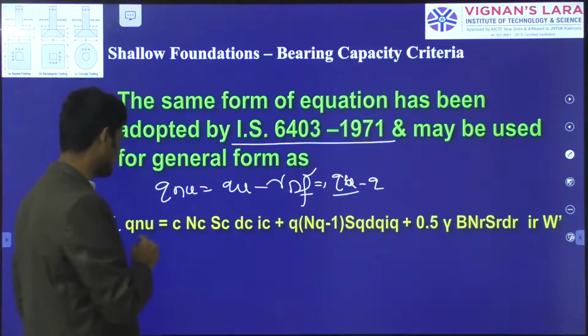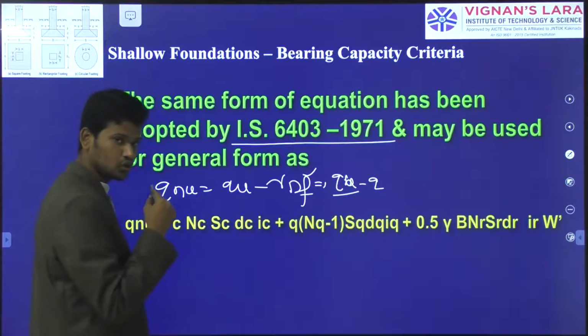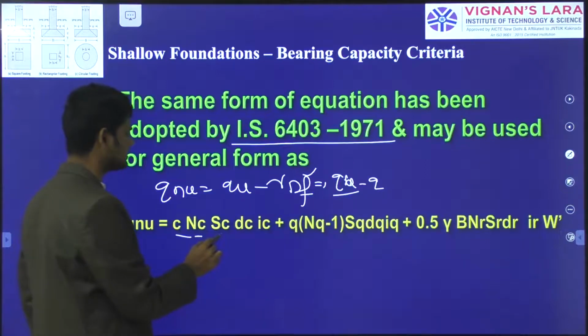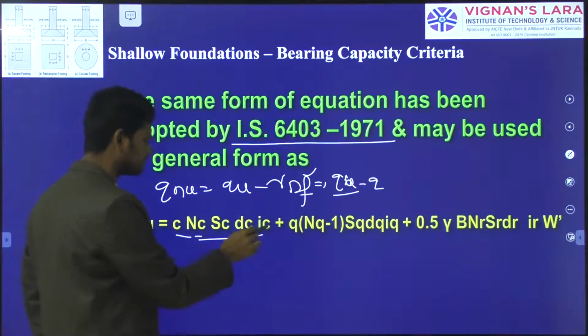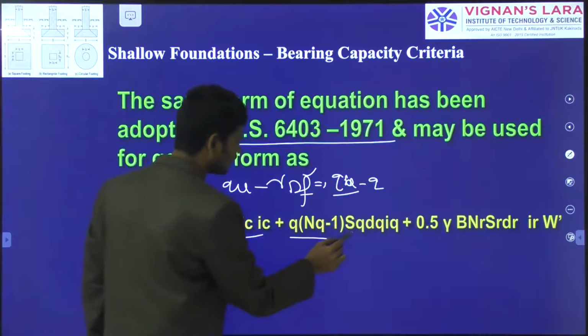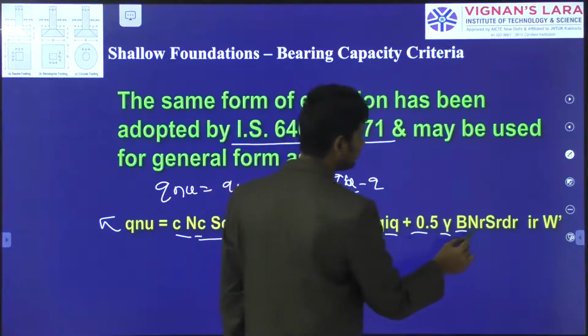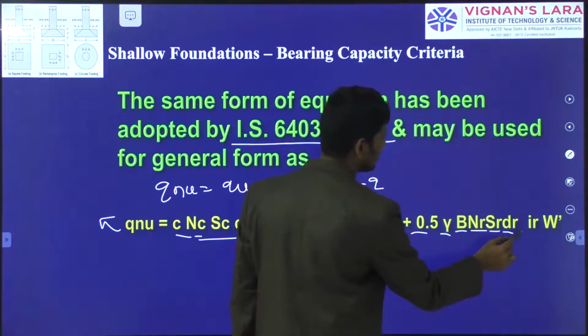From this, the net ultimate bearing capacity according to the IS code method is qnu equal to c Nc Sc Dc Ic plus q (Nq minus 1) Sq Dq Iq plus 0.5 gamma B N gamma S gamma D gamma I gamma.